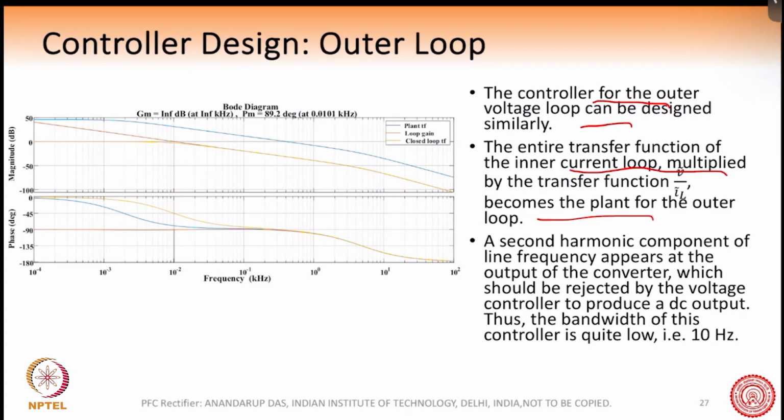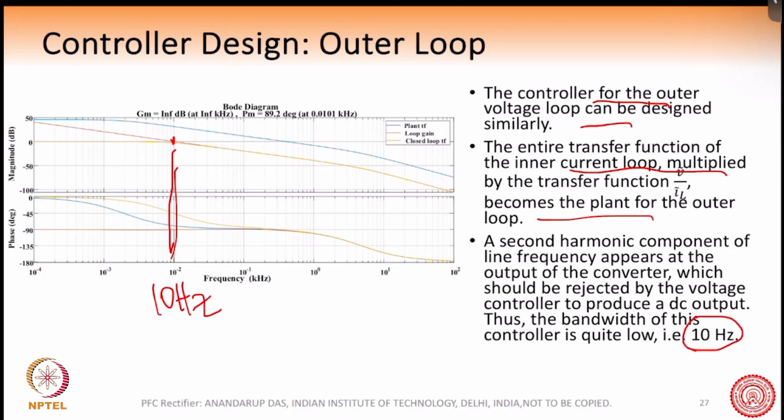This is the total loop gain, and this is the 0 dB crossover frequency of the loop gain, which is kept quite low, about 10 hertz, for the outer voltage loop.